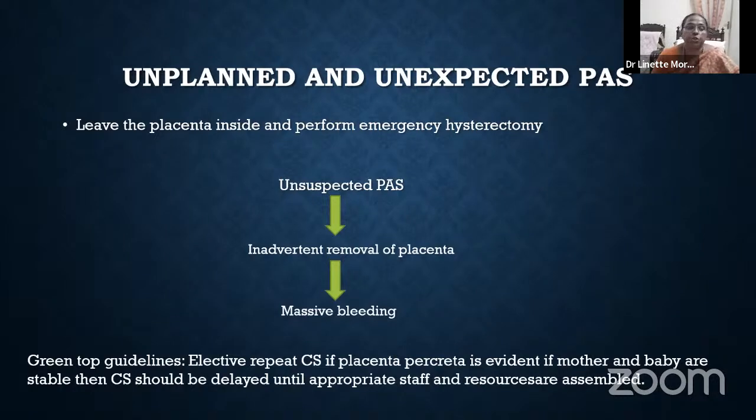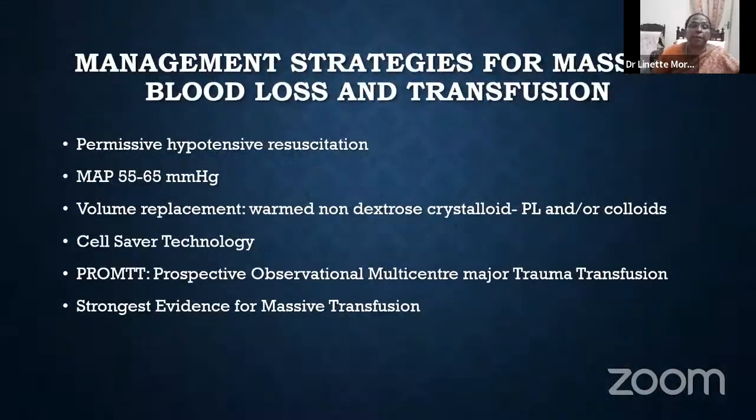And as per the ACOG Green Top guidelines, if in a patient of repeat cesarean, on opening the abdomen, a placenta previa is evident, and the mother and baby are stable, then the cesarean should be delayed until appropriate staff, resources, and blood products are available, so that this can help in managing the torrential blood loss. Because it has been postulated that a well-planned hysterectomy carries less blood loss than an urgent hysterectomy.